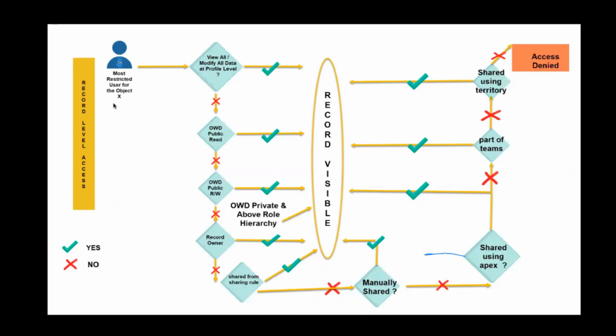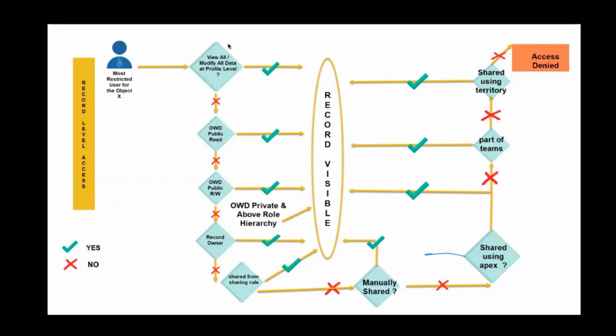If the user has it, then let the user access that record. That means indirectly we can also grant access to a record at a profile level. We can define whether a user can access or not, but this is only for view all data and modify all data.